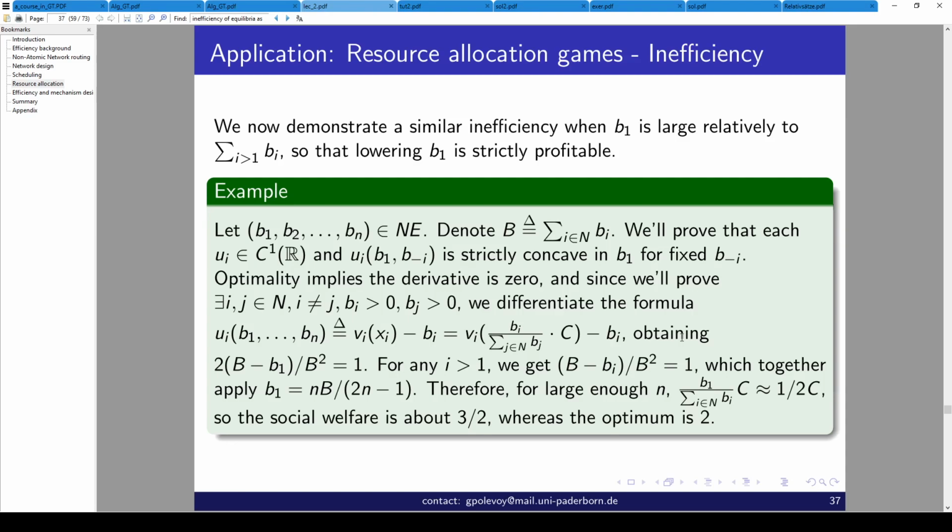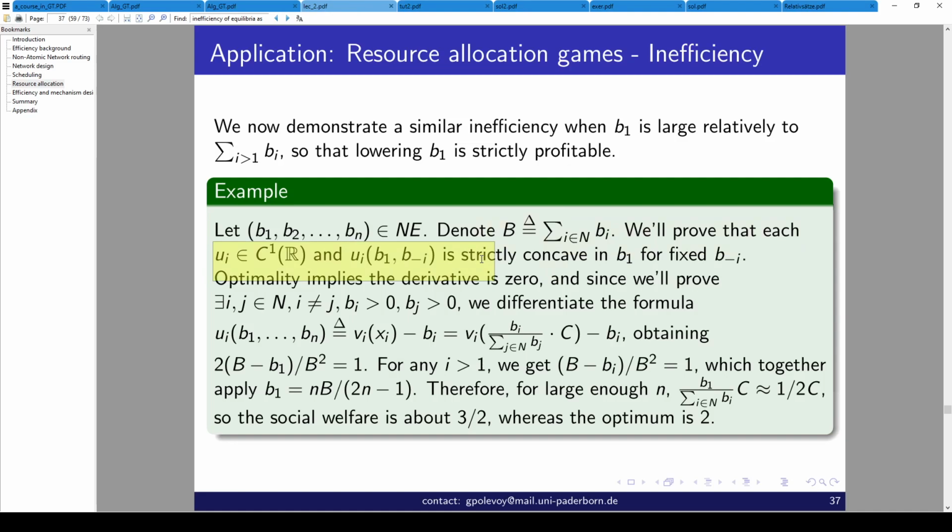And formally, what we do now to show that is, unlike what we did at the start with the optimum profile, we start from an equilibrium and prove that it cannot be an optimum profile. So look at an equilibrium. Denote the total bid, the sum of the bids, by capital B, and then we prove this for each utility function. We use something which we'll probably prove at the tutorial, or I'll give it for you to prove at home. It's an extract from the book.